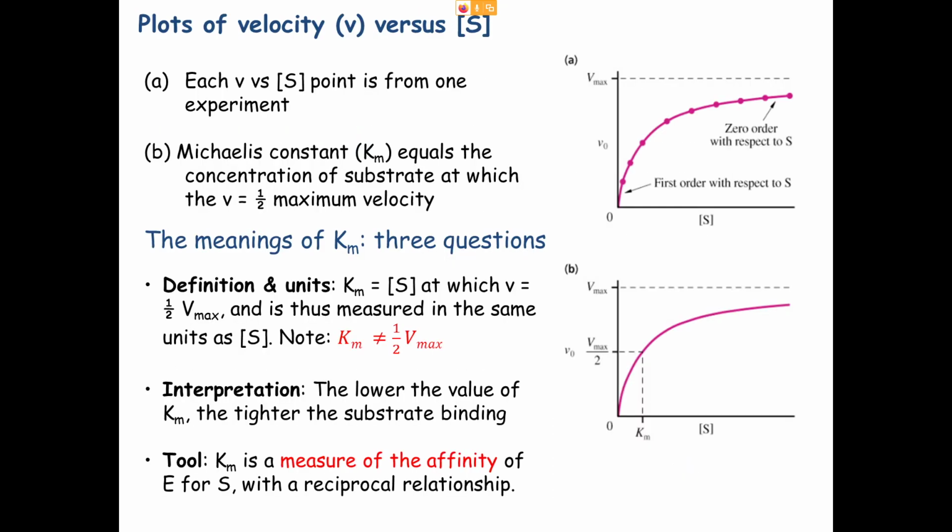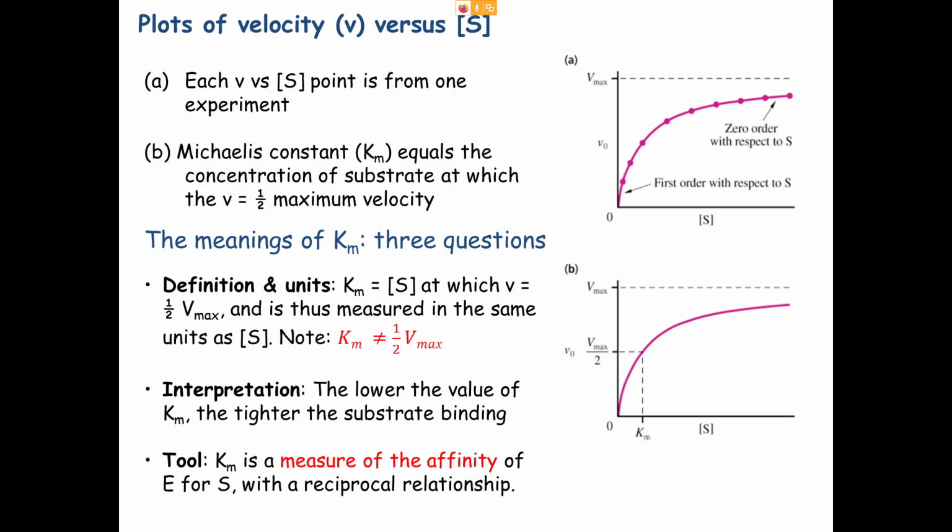So let's talk about Km a little more. Every point on this graph represents some substrate concentration and its corresponding velocity given by the Michaelis-Menten equation. As S approaches infinity, the velocity becomes independent of S. Remember, it's always abundant now. So if S approaches infinity, it should approach zero order. It's not dependent on anything anymore. If something is zero order, it's a constant, and I get Vmax.